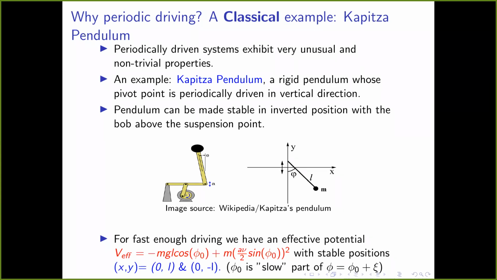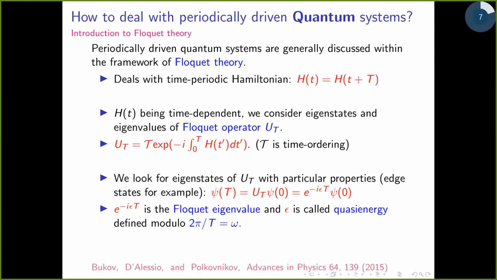So this is one fantastic thing that we can generate by periodically driving the system or some part of the system. This is my classical motivation, but we are talking about quantum problems.